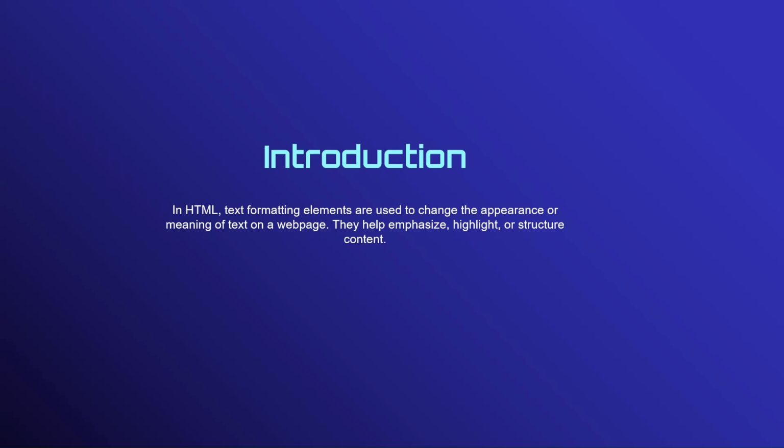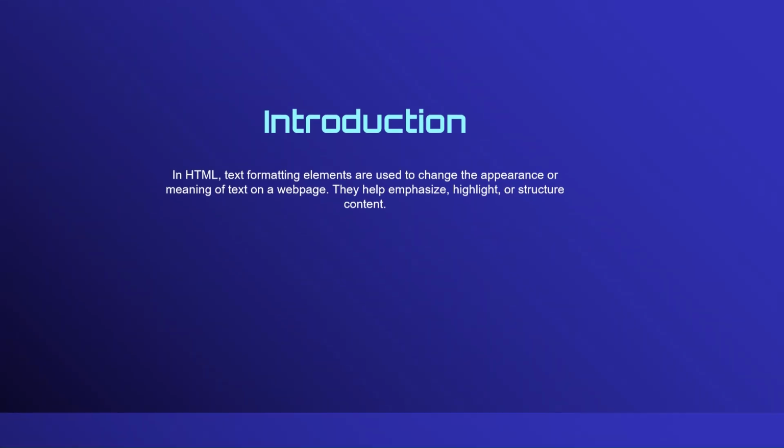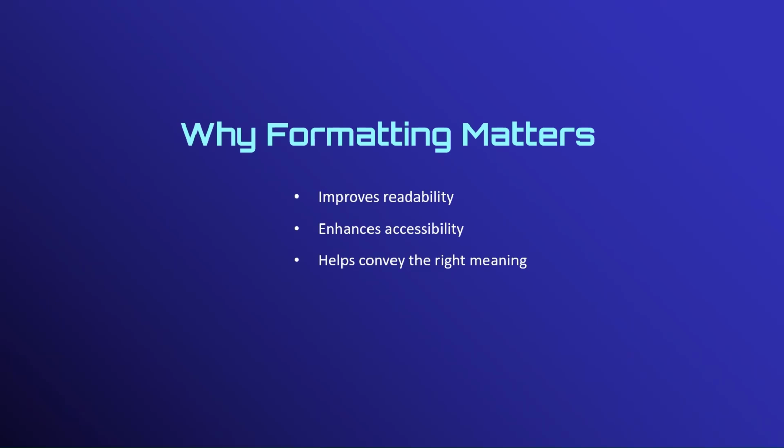Why formatting matters? We format texts on our web page in order to improve the readability of the texts, to enhance accessibility, just like I mentioned the last time when we talked of SEO, search engine optimization. It also helps in that area. It also helps to convey the right meaning of a particular text or word.